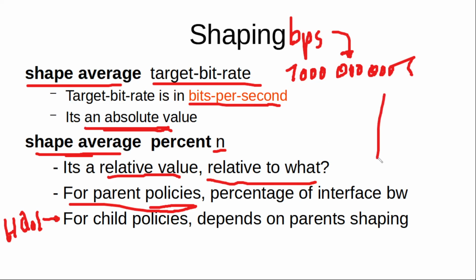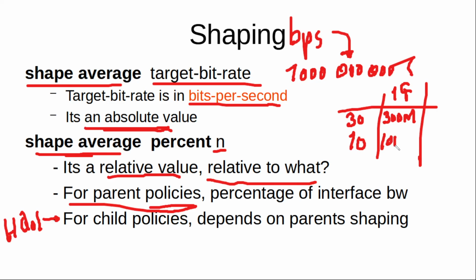So for instance, if I had an interface bandwidth of, let's say, 1 gigabit per second, if I use the value 30, this will actually be translated to 300 megabits per second. And the value 10 will be translated to 100 megabits per second, because that will be 10% of an interface that is 1 gigabit per second. And this will be 30% of an interface that is 1 gigabit per second.